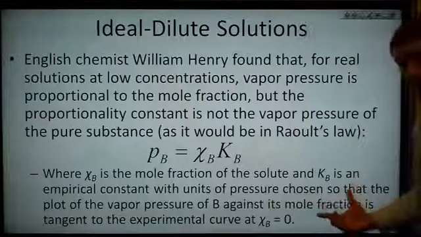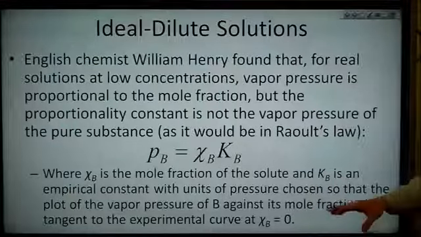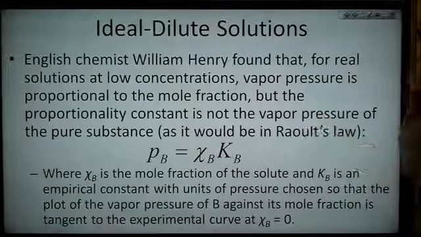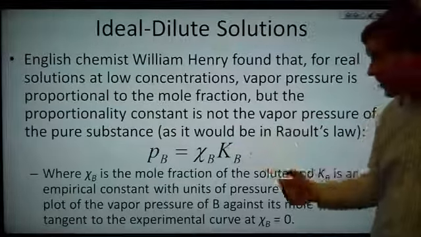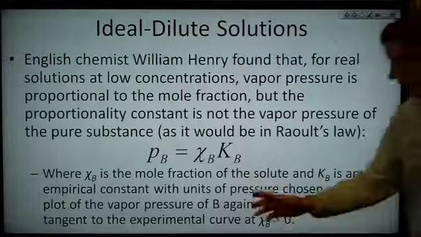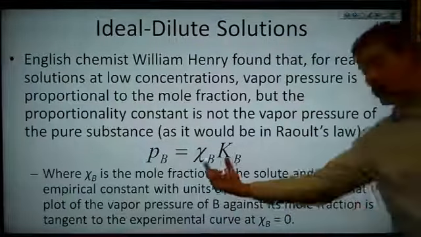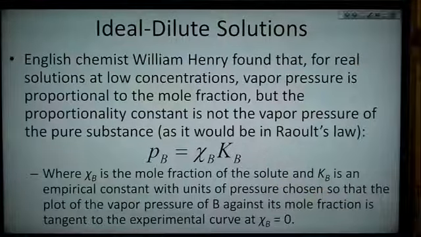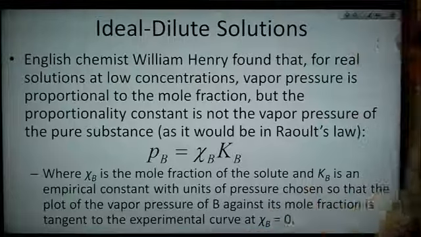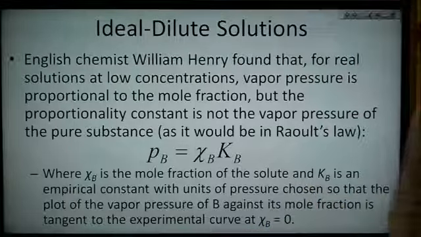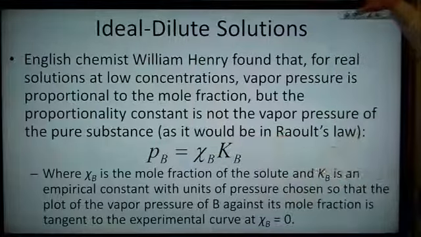It's similar to the vapor pressure, but it's a different number. We pick the value from experiments. We plot the vapor pressure of B, P_B, against the mole fraction, chi_B, and the slope, or the tangent to our experimental curve at a mole fraction of 0, so at infinite dilution, is what we put in here for K_B.